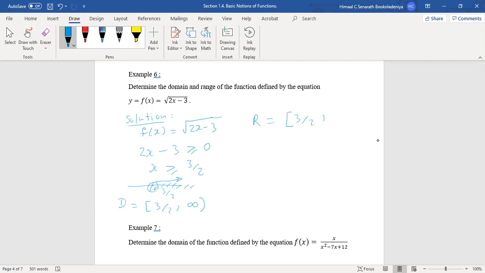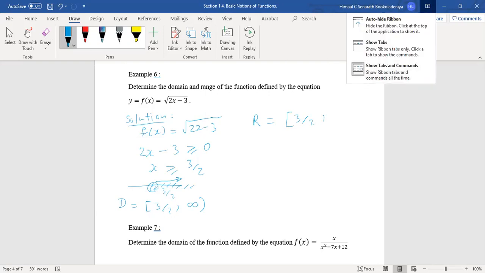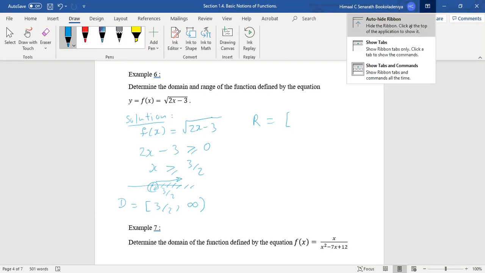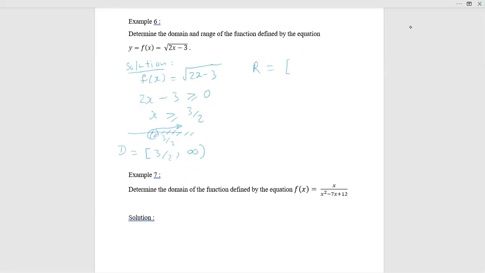The minimum value is 0. After that, the function increases unboundedly. Therefore, the upper value is infinity. The range is like this.